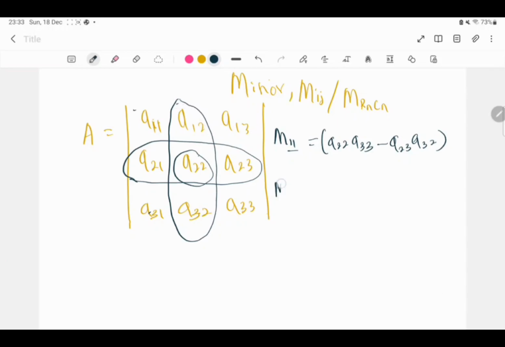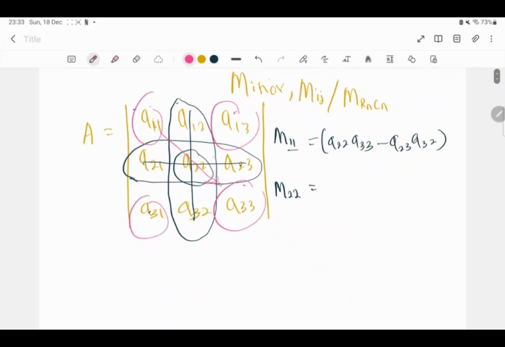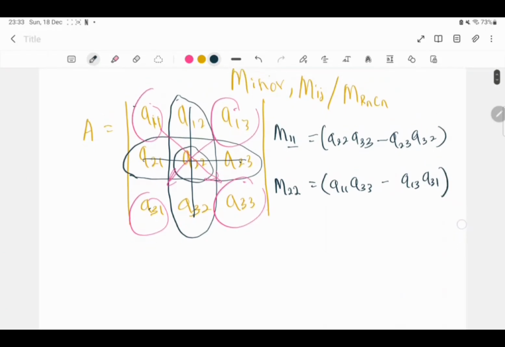We want to find the minor for row 2 and column 2, so we exclude the circled elements and look at the remaining elements. We multiply and subtract: A11 times A33 minus A13 times A31. So that's how we find the minor.